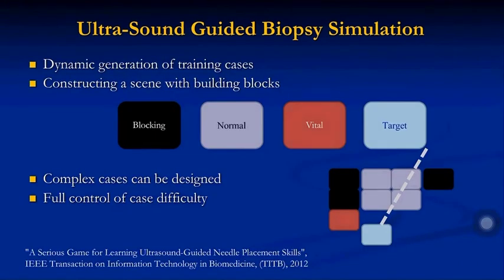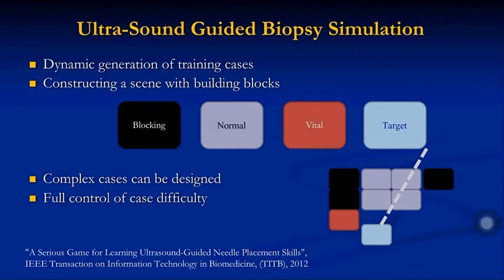And then later on, we developed a serious game for learning ultrasound-guided needle placement skills. In the serious game settings, we can dynamically generate different training cases, so that we can control the case difficulties, and we can construct scenes with different building blocks.